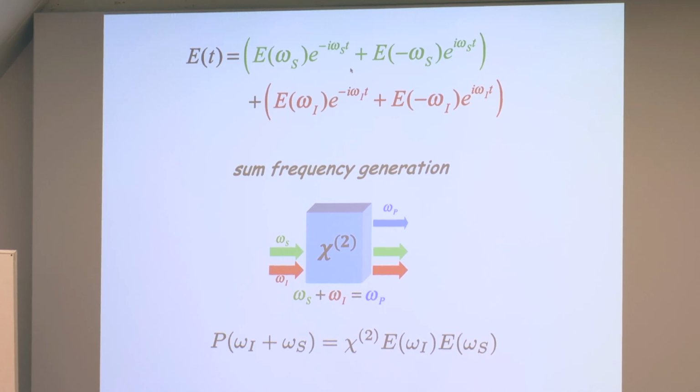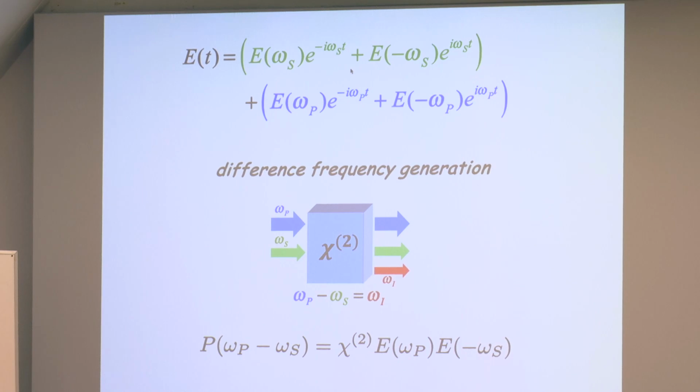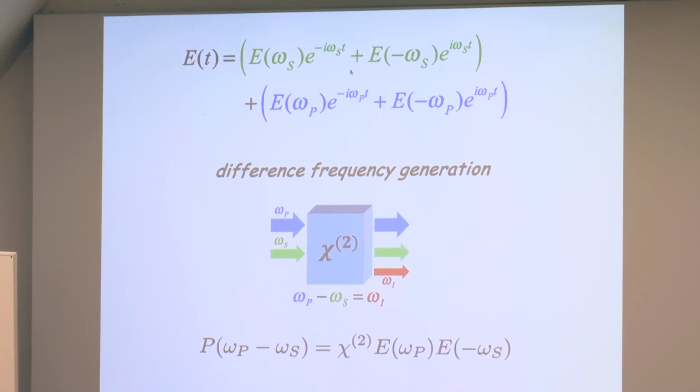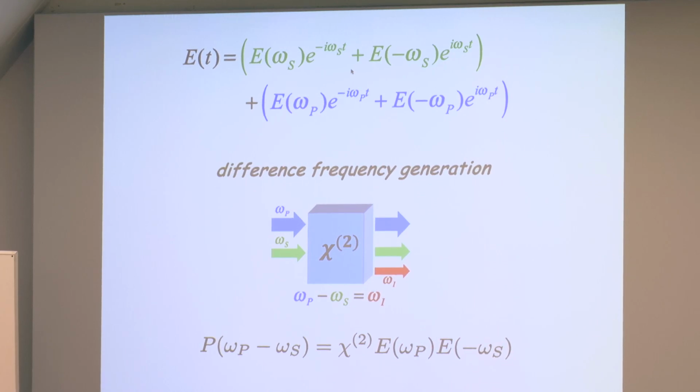So that's generating a new frequency. But I could also, let's say now here I'm switching notation because I want to consider, for later reasons, a strong pump here. Then I can get a polarization at omega p minus omega s by using the minus omega s component of this electric field. For obvious reasons, that's called difference frequency generation. So one can do all those things.